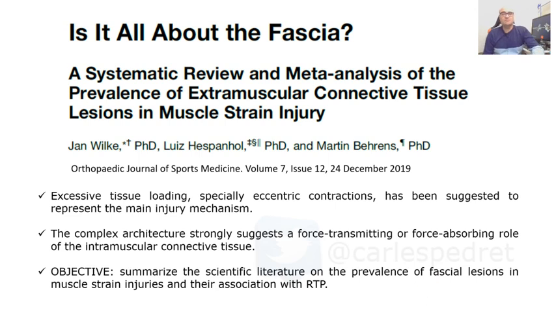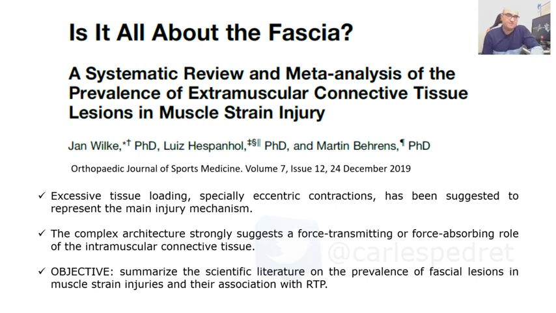What it says in its objective is that it's trying to summarize the existing scientific literature on the prevalence of fascial injuries in muscle strains and their association with the return to play process. This is quite complex to do. We will explain later why.